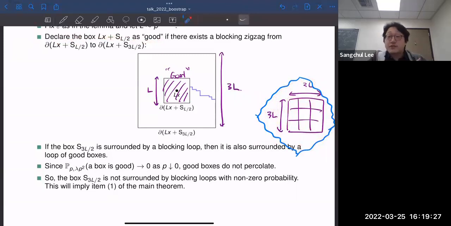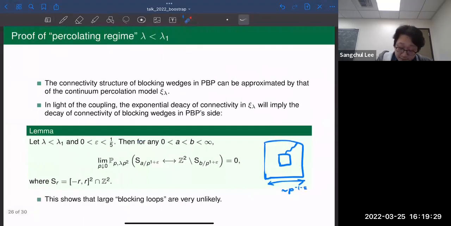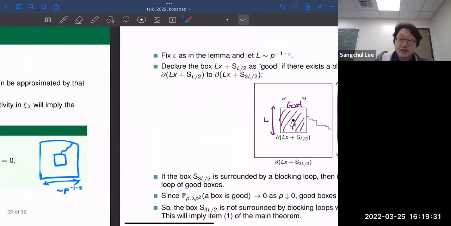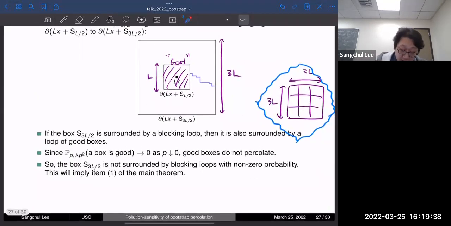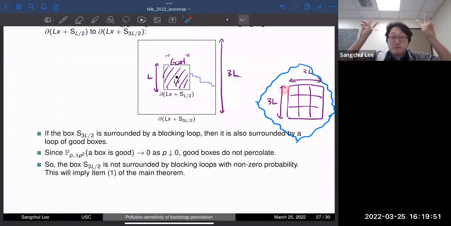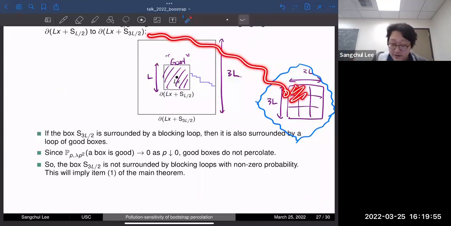But using the result we observed on the previous slide, I can show that good boxes are very hard to find. The probability that a given box is good converges to 0 as p goes to 0, which means that good boxes do not percolate. In other words, it is very likely that bad boxes percolate from here all the way to infinity.